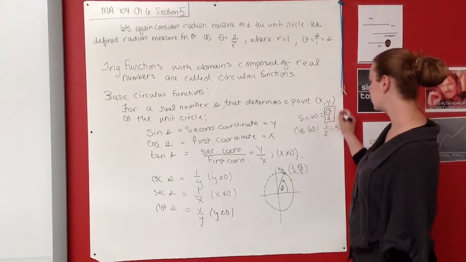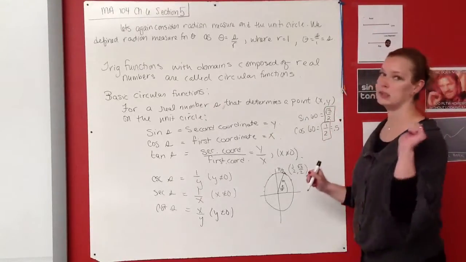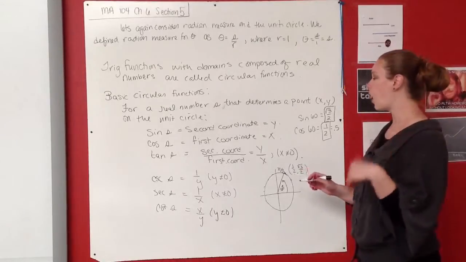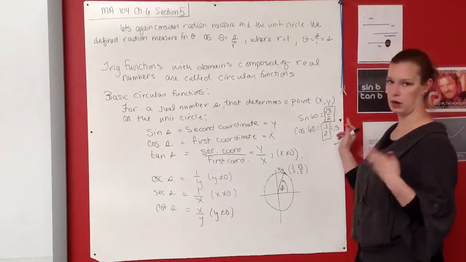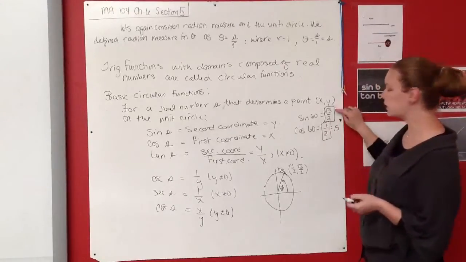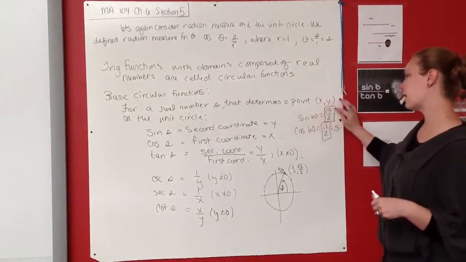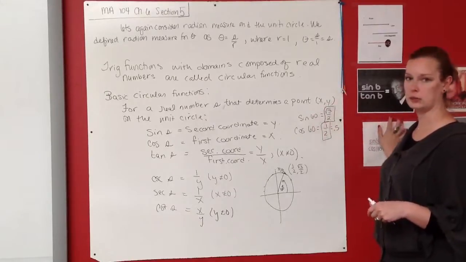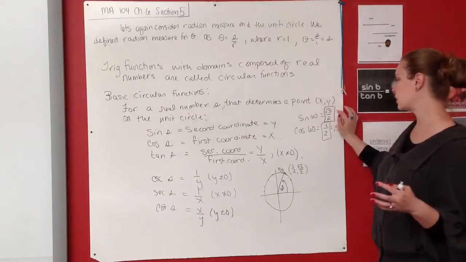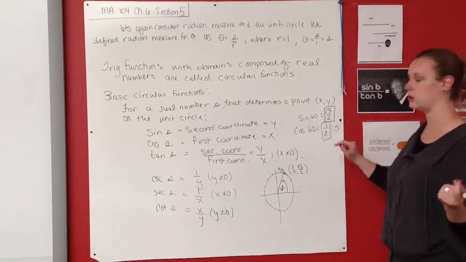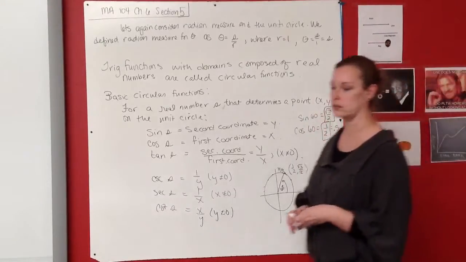Now, these values right here are the exact solutions, okay? Often, from this point on, we will want the exact solutions. We don't want the approximation. So don't forget that root 3 is irrational. So if you were to divide root 3 by 2, you'd get some long decimal that never ended. You'd truncate it, and then we'd round it. That's an approximation. This is the exact value for the sine of 60 degrees, okay?